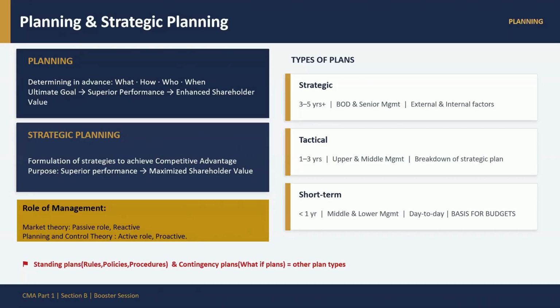Okay. Now, when the managers in this top level have this responsibility of strategic planning, they have two roles in which they can select one. Okay. So, what are the role of management in this strategic planning? We have two roles, that is market theory and the planning and control theory. Okay. So, in the market theory, what happens is managers don't actively participate.